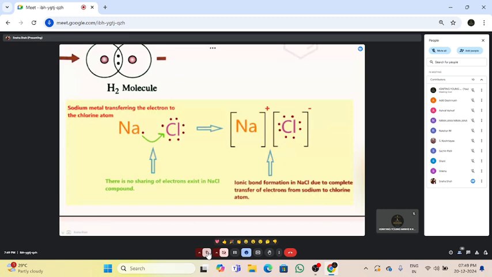This is how chemical bonding is formed. The salt that we eat in everyday food exists because of this electronic configuration, the structure of the atom. This is why it is required to understand the structure of the atom.